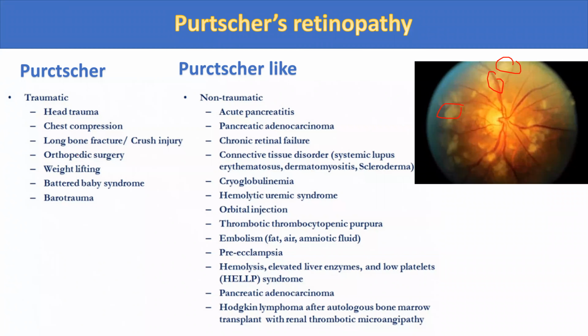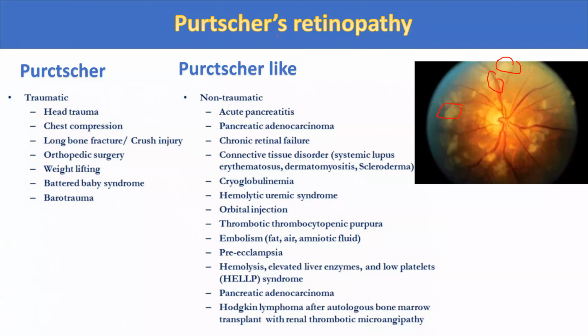So the classic Purtscher retinopathy is a traumatic retinopathy, either head trauma or chest compression, long bone fracture or crushing injury, orthopedic surgery or weightlifting, battered baby syndrome or shaken baby syndrome, barotrauma from altitudes.